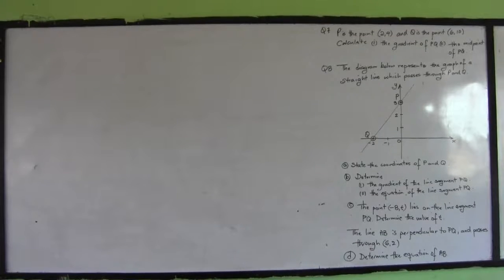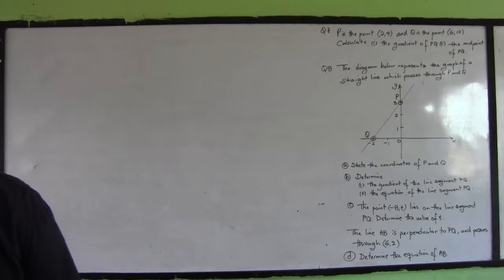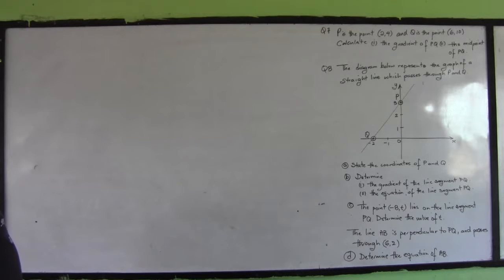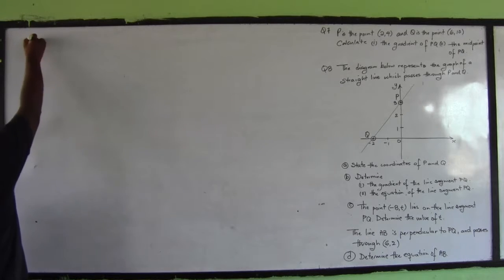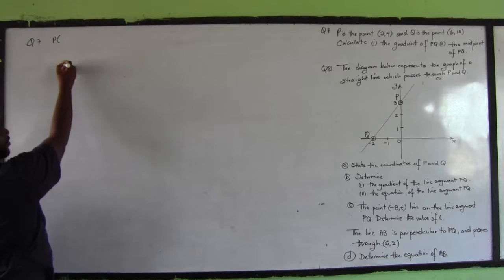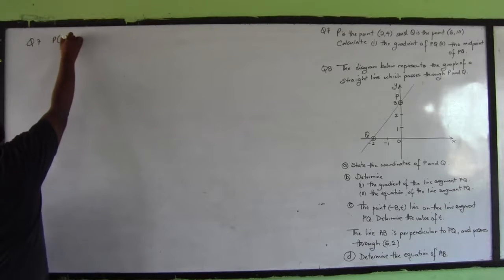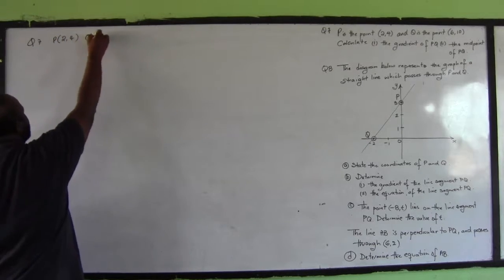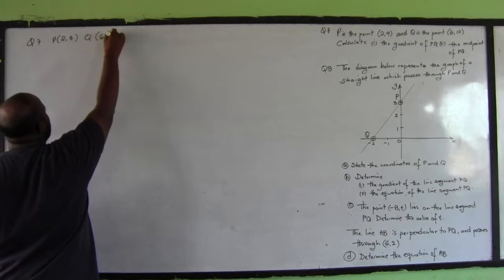Question 7 says P is the point 2, 4 and Q is the point 6, 10.